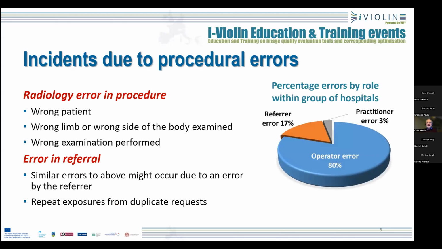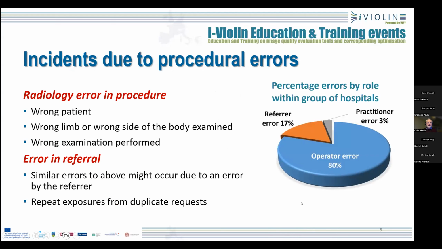So a number of years ago, I carried out a study in a group of Scottish hospitals over a number of years, and I'll show a few results as I go through the distributions that we found.